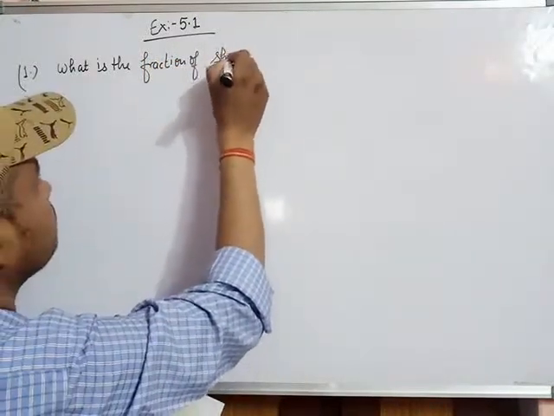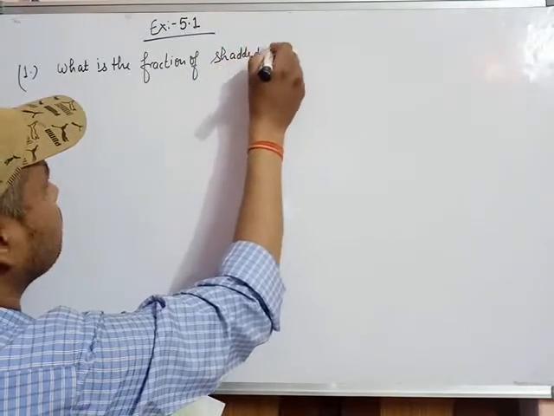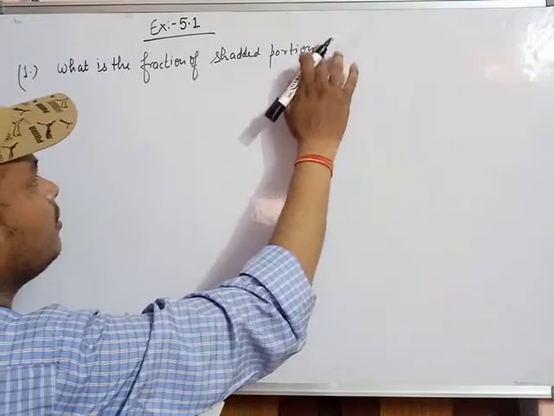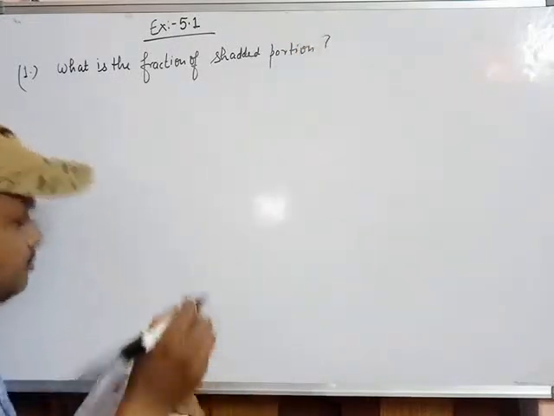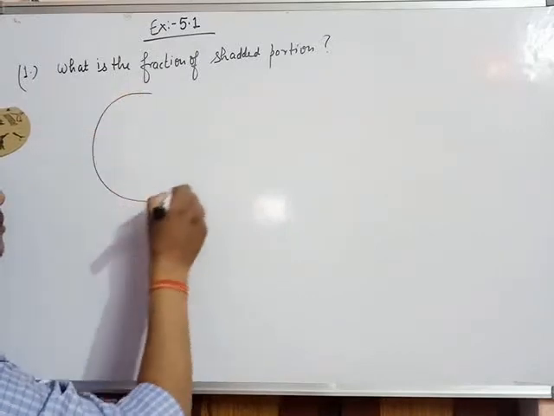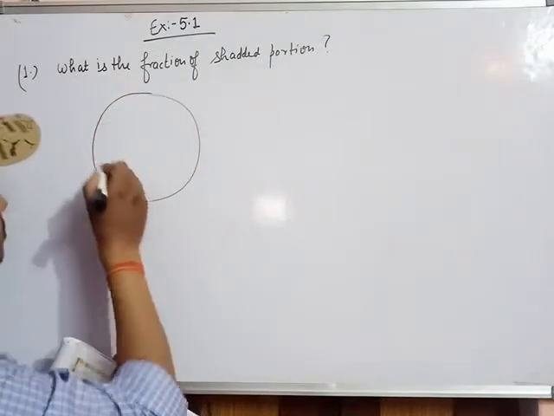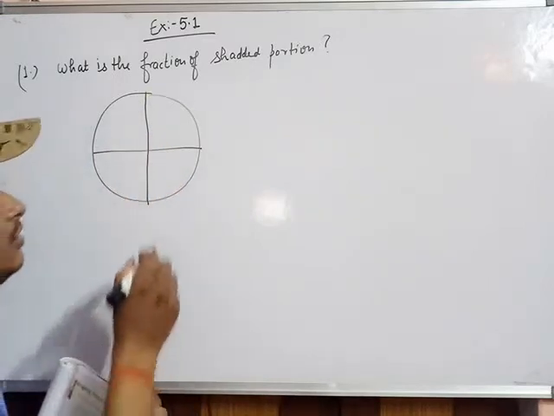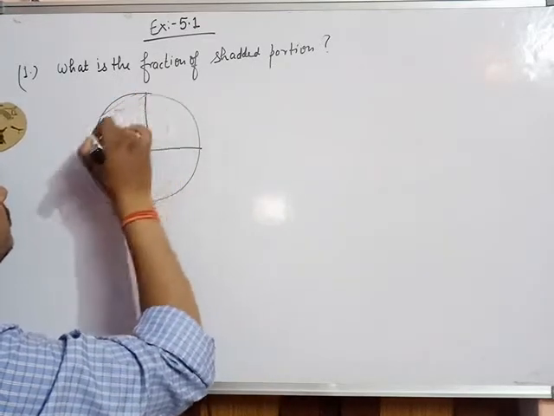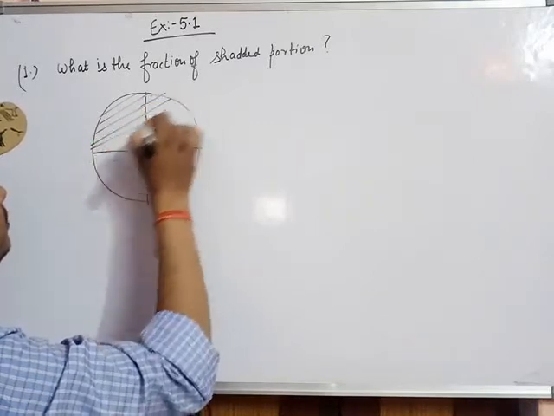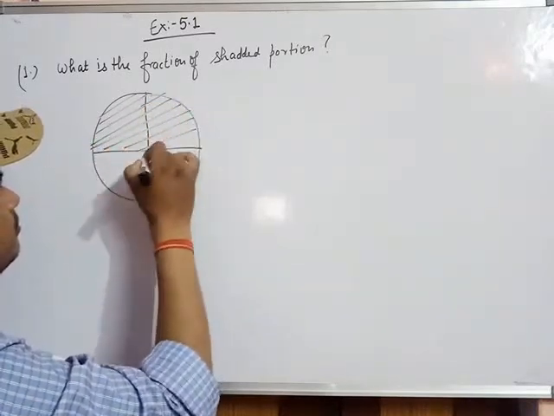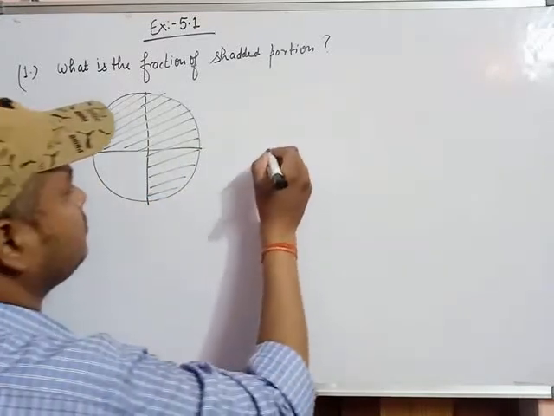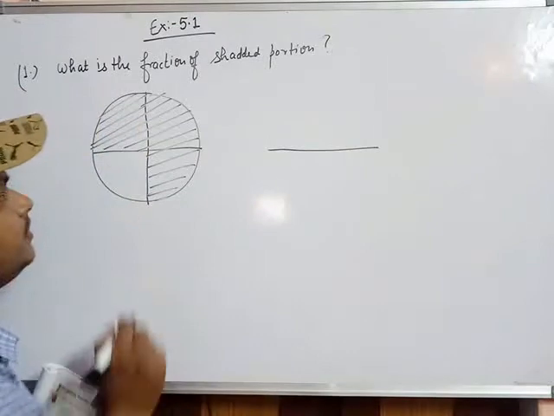In a circle there are 4 parts and 3 parts are shaded this way, and you have to write the fraction of the shaded portion.